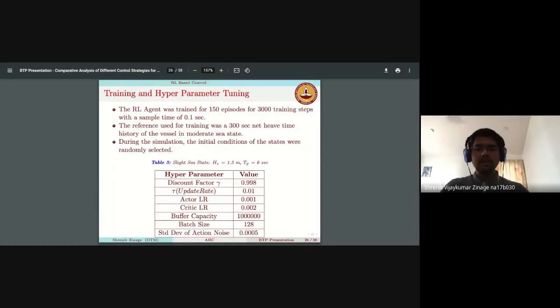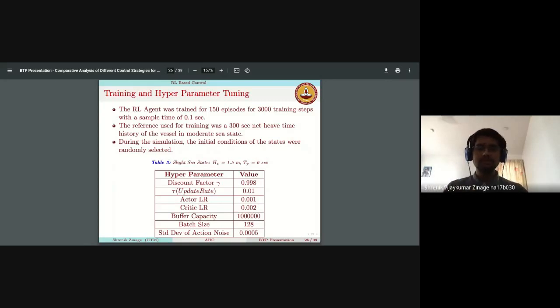Now regarding the training, the RL agent was trained for 150 episodes of 3000 training steps with a sample time of 0.1 seconds. That is, I trained it on a 300-second time history in moderate sea state. The reference that I took was the net heave time history of the vessel in the moderate sea state, which I calculated and trained on for 300 seconds. Over here, I won't be giving any input-output data, I'm just giving the reference.